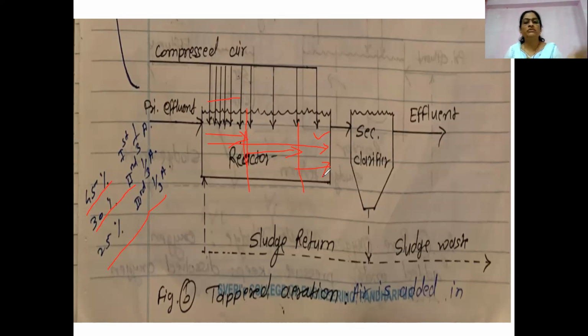Whatever we have decided as 100% can be divided into 45% for the first 1/3 area, then 30% for the second 1/3 area, and the remaining 25% for the third 1/3 area. This way we will get better results in the tapered aeration process.